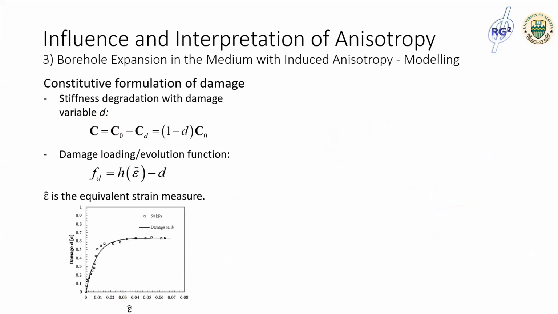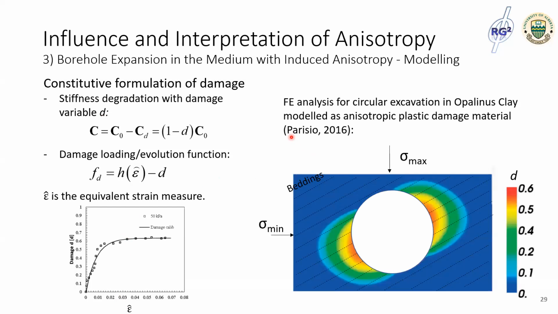This strain measure can be a plastic strain or total strain. And Dr. Parisio from EPFL has built a plasticity-damage model and verified it with the laboratory experiments. He then implemented this model in the finite element analysis to simulate the damage around the circular excavation in an anisotropic stress field.